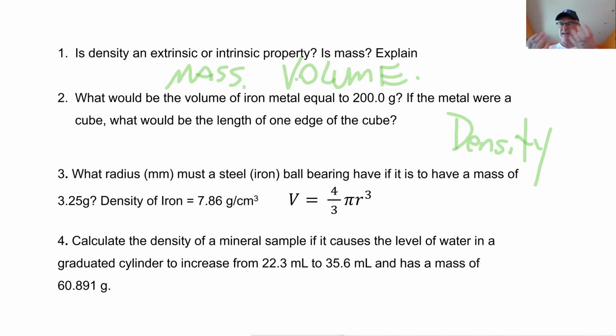Brass is copper plus tin. If you put them side by side, it's sometimes difficult to tell them apart because they look fairly similar. But the density of one is different from the density of the other, so you can tell them apart, because how dense a material is, is an intrinsic property.